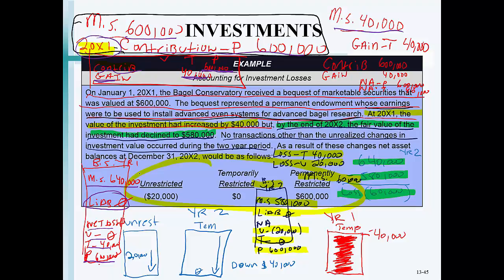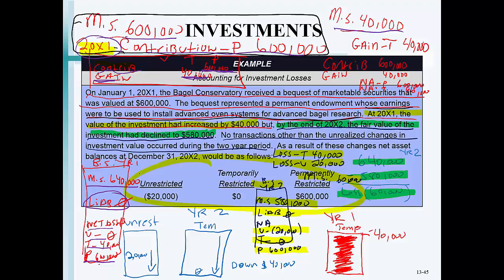Same fact pattern. Let's put a year 3 in there. Year 3, the investment comes back $30,000. So now this investment comes back $30,000 that next year, right?